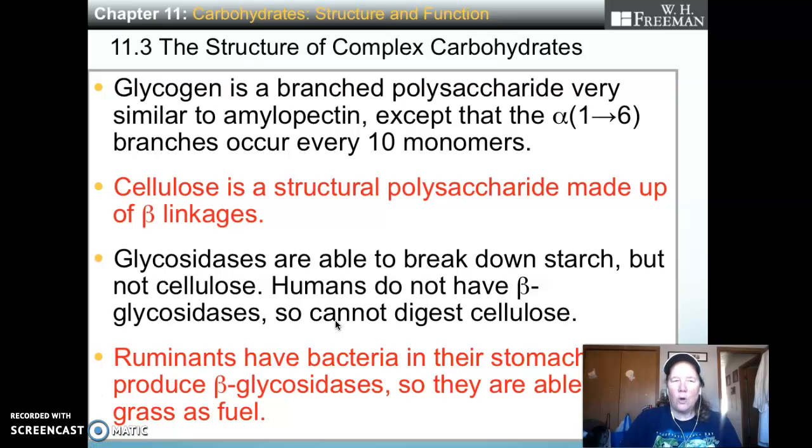If you're a cow or a horse, or what they call ruminants, they actually have bacteria in their stomach that produce those enzymes that are able to break it down. So they can chew grass and get the carbohydrate from the grass, but they can also use the cellulose. So they use the whole plant, whereas if we eat plants, we use the starch part, but we can't use the cellulose. But again, it's important to our diet. We still need the fiber.